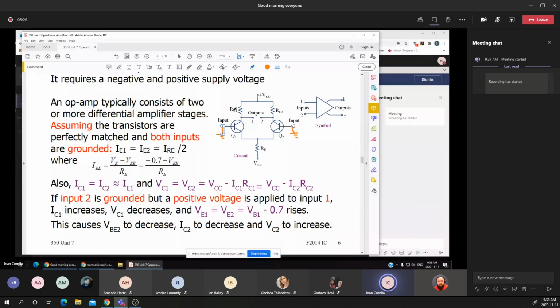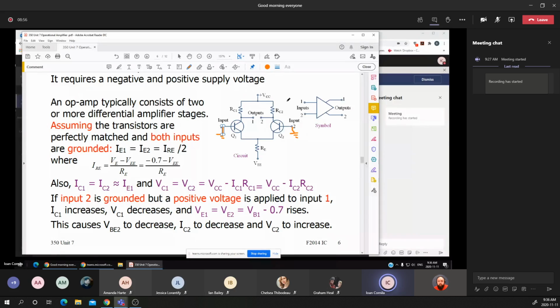Remember that RC1 is equal to RC2, which means we can use either of the two equations to determine the potential at collector 1 of Q1 or collector 2 of Q2, and those two voltages will be the same if the two inputs are grounded.